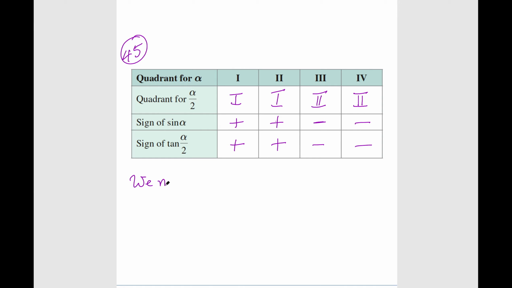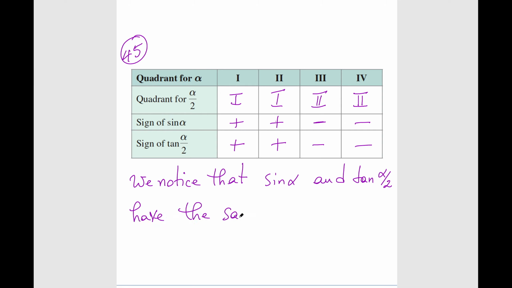So we notice that sine of alpha and tangent of alpha over 2 have the same signs for all alpha, right? For all alpha.